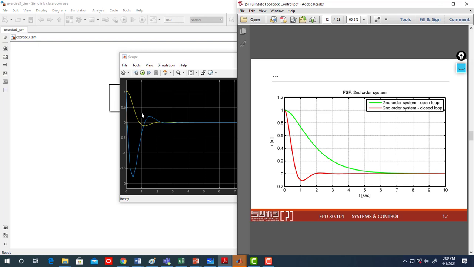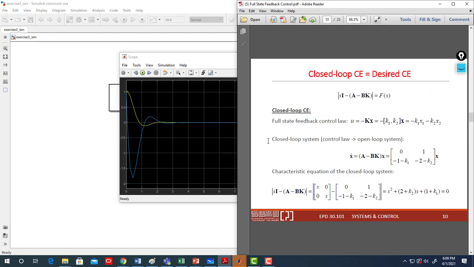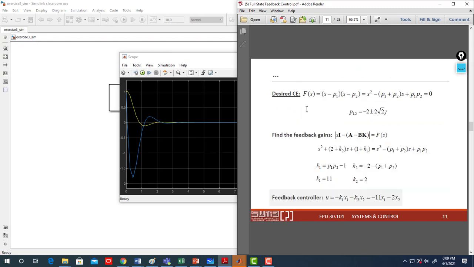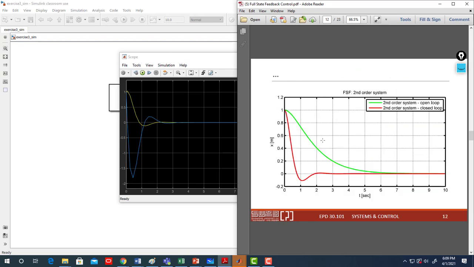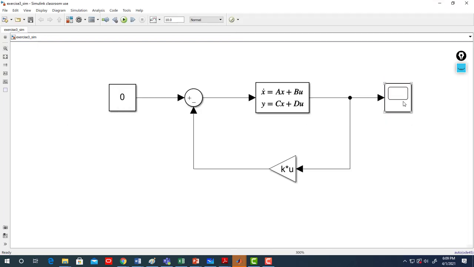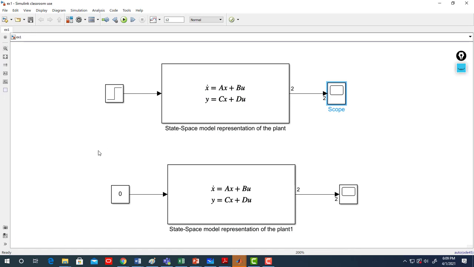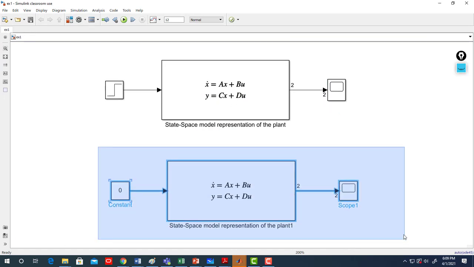If you look at both states, they are as defined to get this desired response compared to the open loop. That's the open loop. Okay, here we can visualize even the open loop as well, or let me check, maybe I have a Simulink block for open loop. This is an open loop, let me take it.